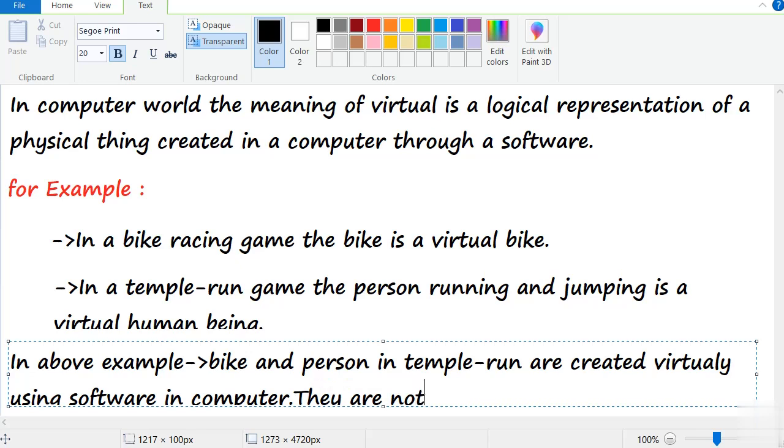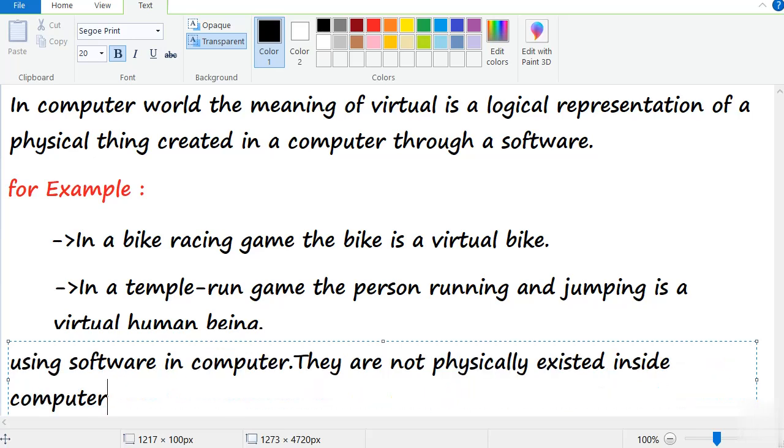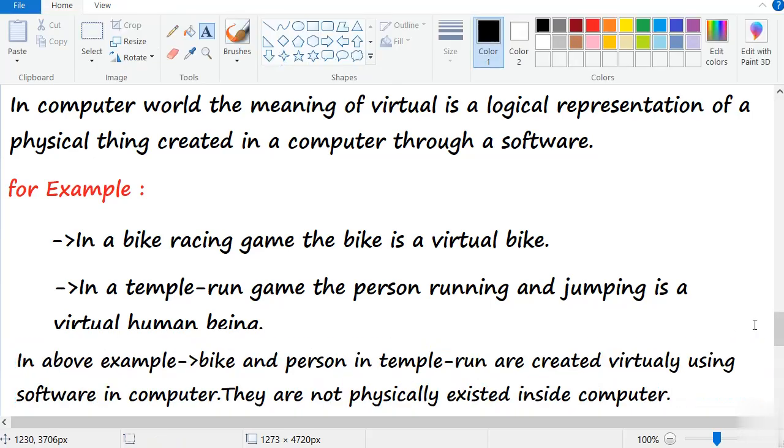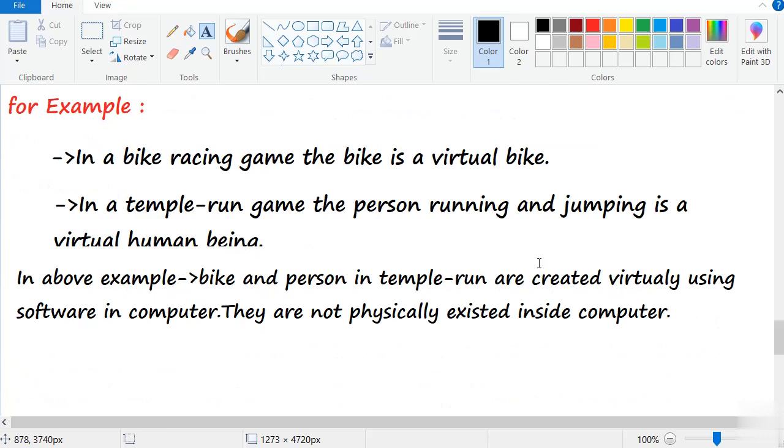They are not physically existing inside the computer. So all these points we have discussed. Now we will discuss virtual machine. What is virtual machine and how virtual machine works we will see now.